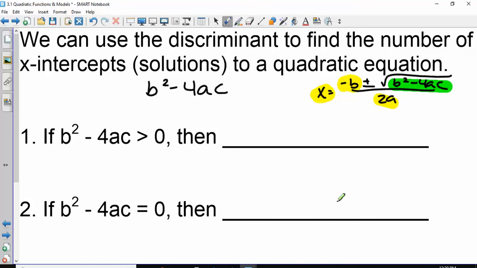So it gives us a way of predicting the solutions, knowing if they are real or imaginary without actually finding them all the way. If you have a positive thing under the square root, then when you do your quadratic formula, you have something plus that and something minus that. So you get two real solutions.